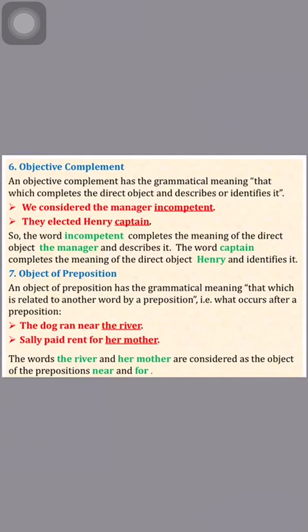So do we all the time see a noun phrase after the preposition? Of course not. Here we have near the river, for her mother, but sometimes we say, pass this ball to Ali. To Ali is the prepositional phrase. Where is the object of the preposition? Ali. It is a proper noun. You see? Pass this ball to me. To is a preposition; me is a pronoun.